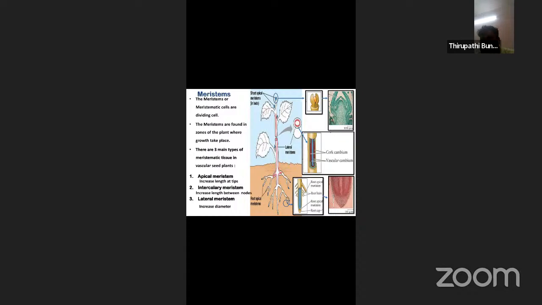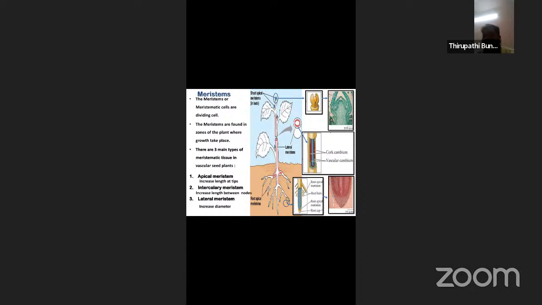Next, the second one is intercalary meristem. It increases the length between nodes and internodes. What is the main function of intercalary meristem? It increases the length between two nodes.